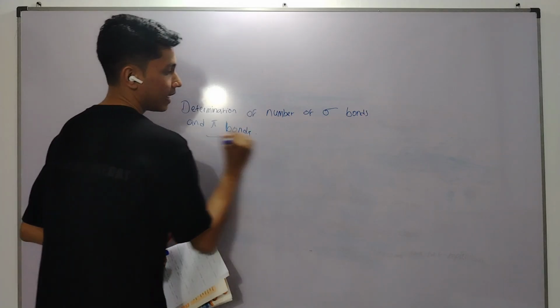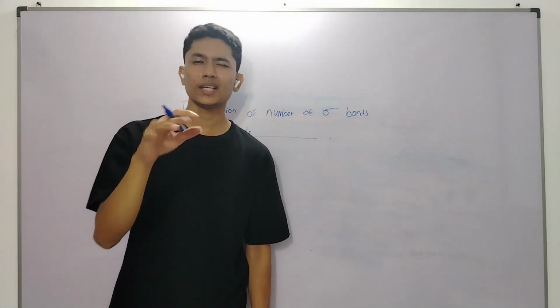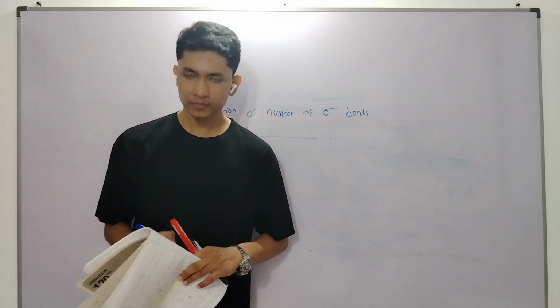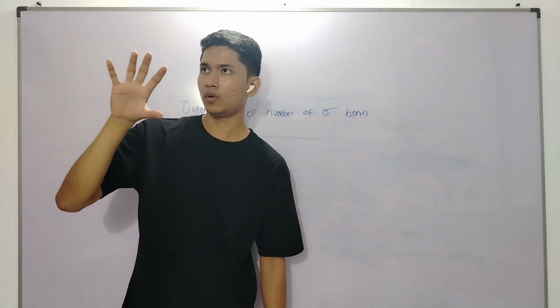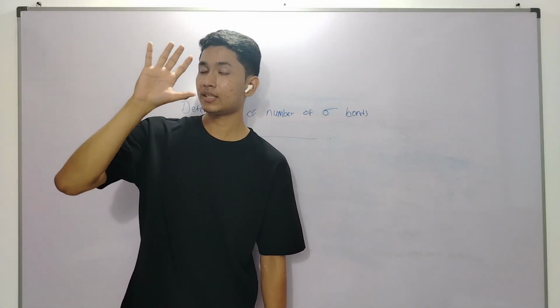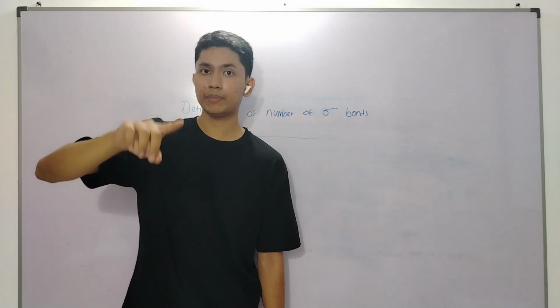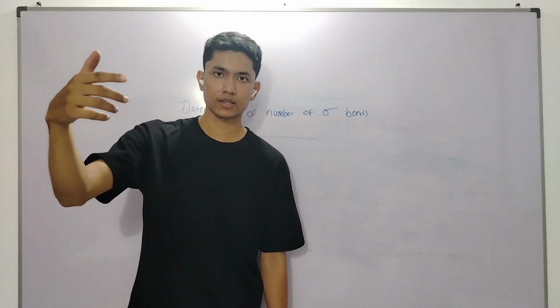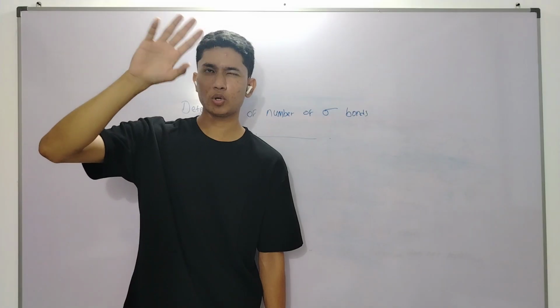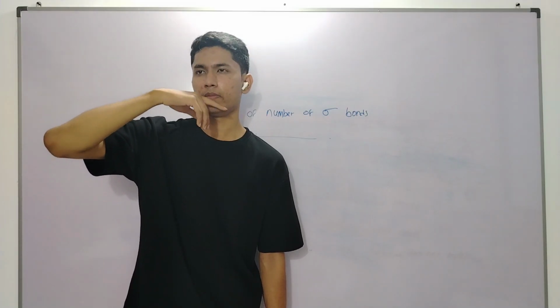I'll teach you an easy method. Listen carefully, I'll teach you a simple trick. They will ask you to determine what type of bond this is, so you should tell whether it is a sigma bond or a pi bond. How to do that?